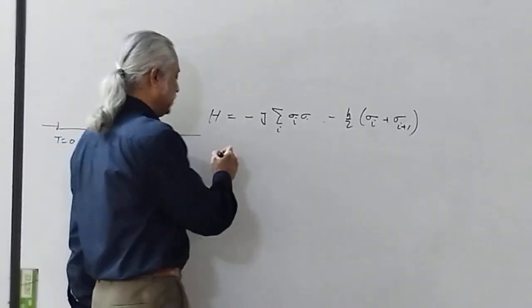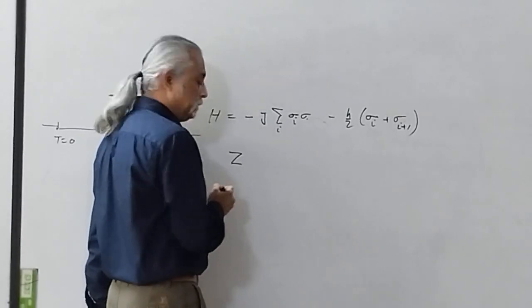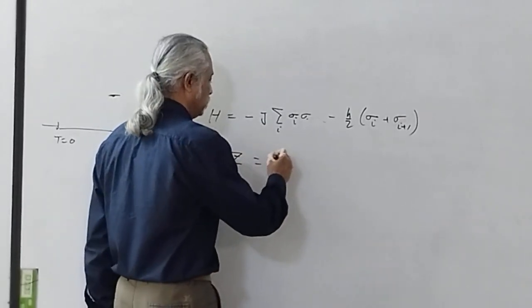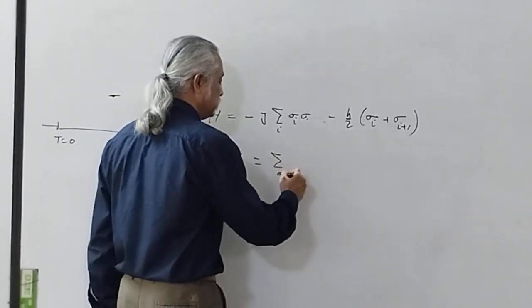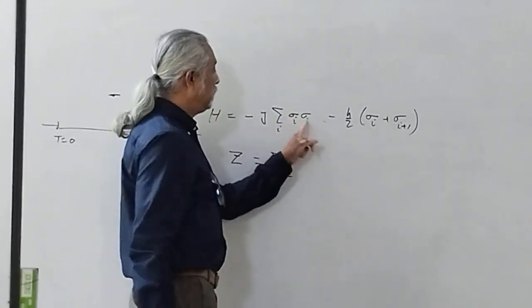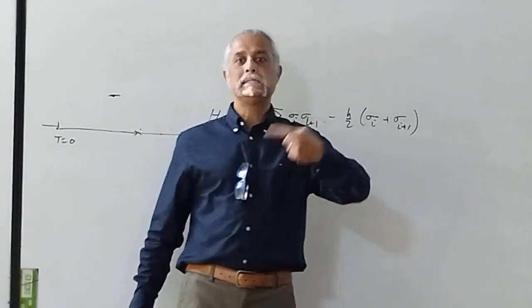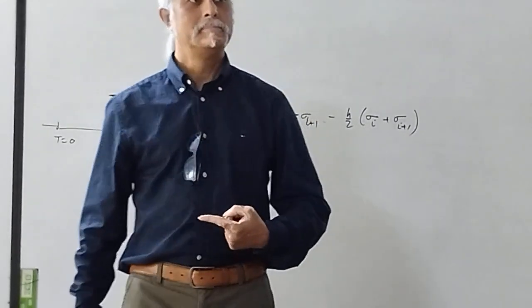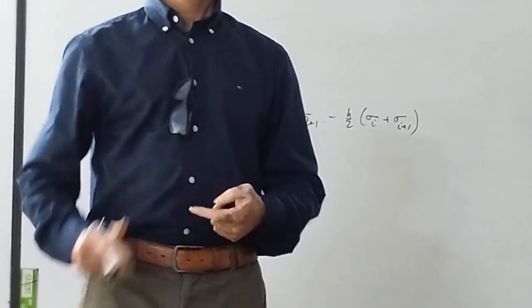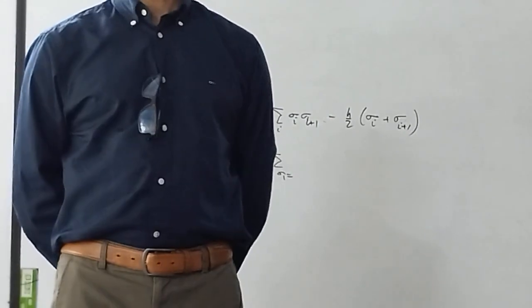And now we define the partition function equal to sum over sigma 1, which is equal to sigma. মানগুলা কি কি হতে পারে? What are the values that sigma can take?